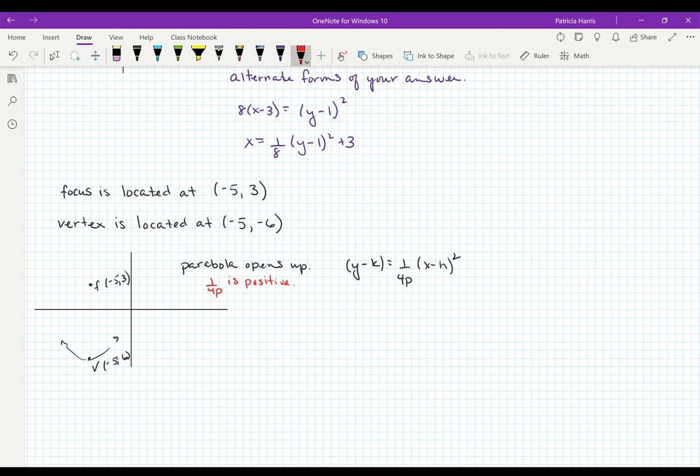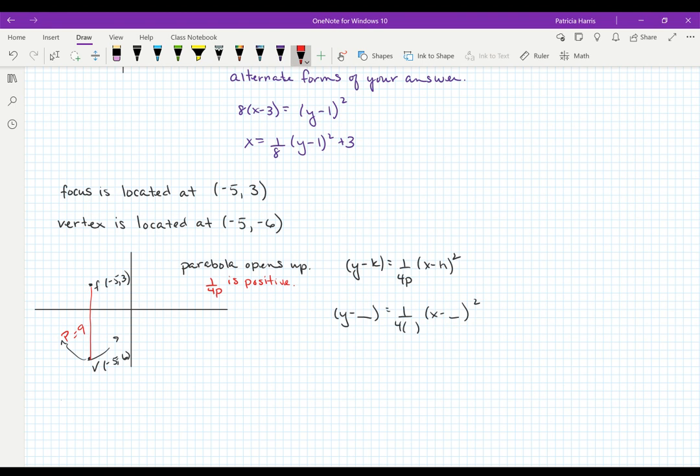Now remember that p is the distance from the vertex to the focus. So we're just going to count. That's 3, and then that's 6, so that's 9. So p is equal to 9. Now it becomes a matter of filling in what you figured out.